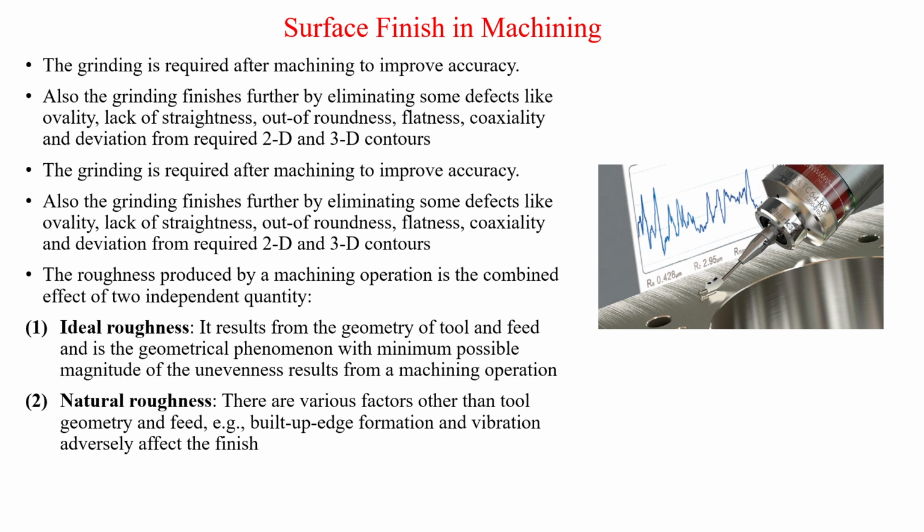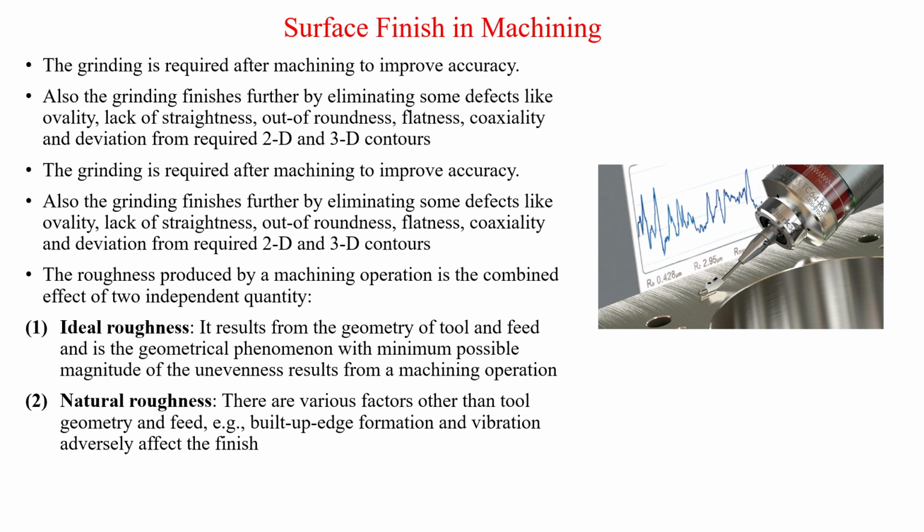Okay, so once the machining has been done, then at the preliminary level, grinding is required after machining to improve the accuracy, in order to remove the various irregularities and roughness. So how does grinding work?